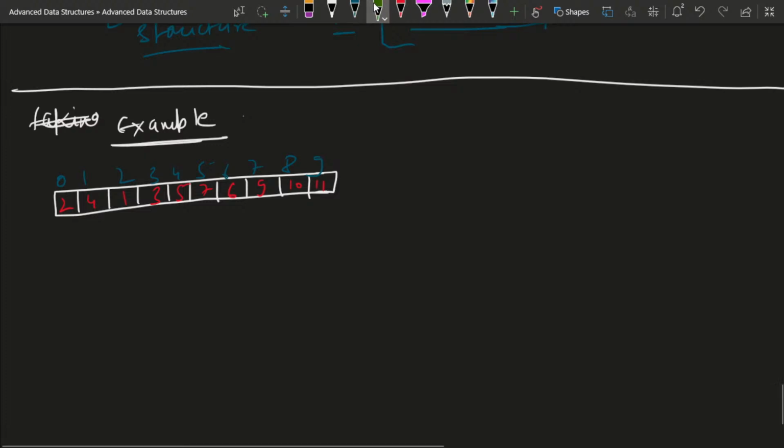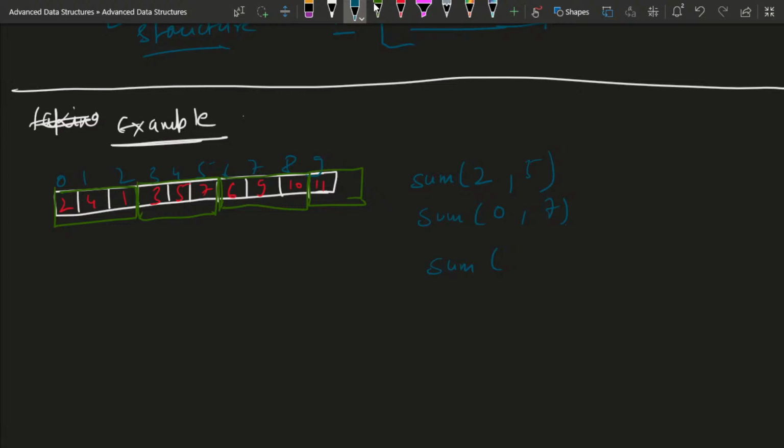And suppose we are also making the chunks, so these are the chunks. Now suppose I am getting 3 queries, and the queries are sum 2 to 5, sum 0 to 7, and sum 5 to 8.